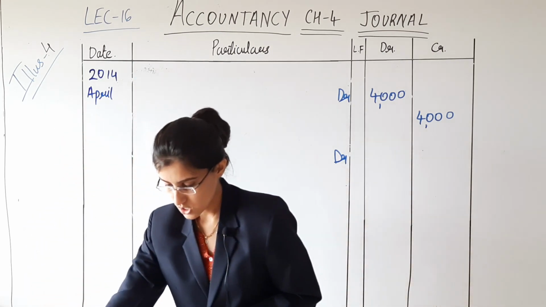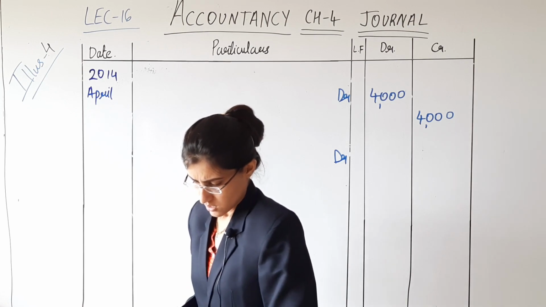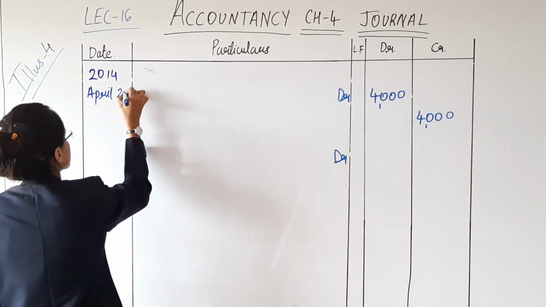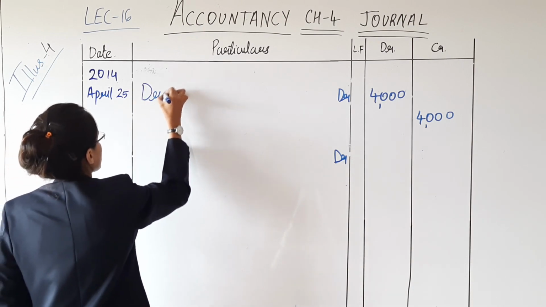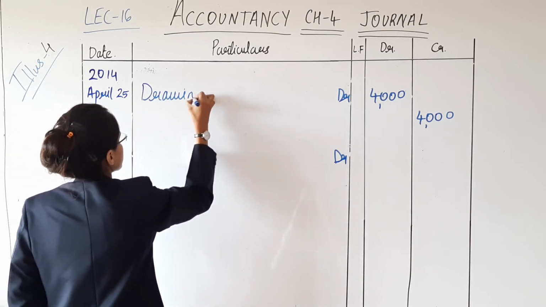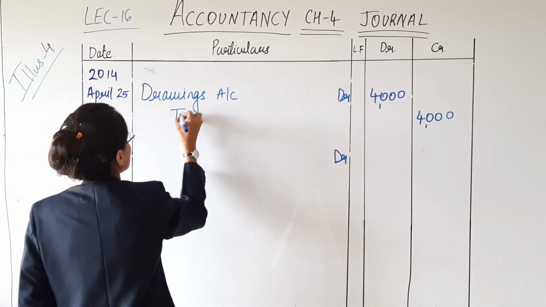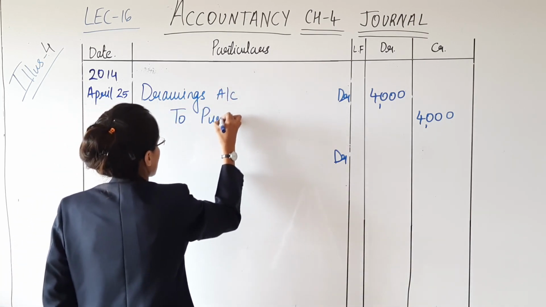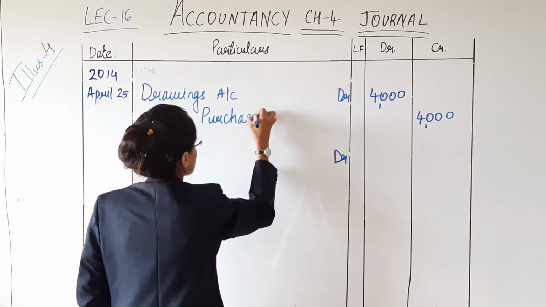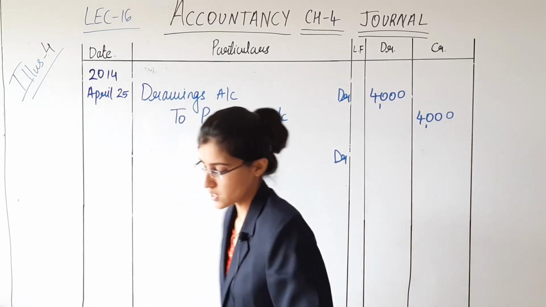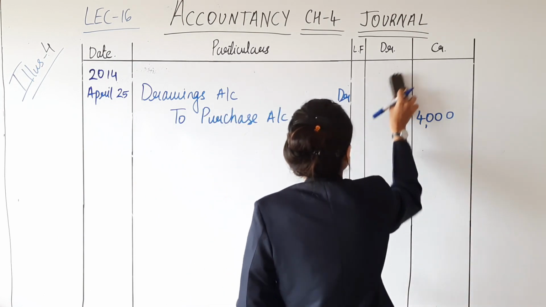This transaction is on 25th of April. Drawings account debit to purchase account because goods of rupees 500 have been withdrawn for personal use.